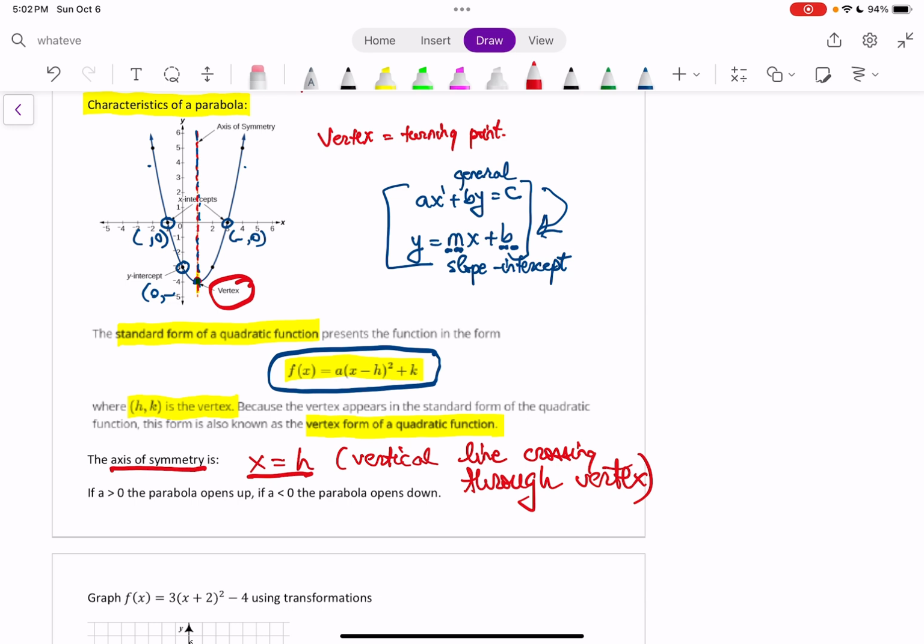That number is going to be h. Now, if this value a is positive, then the parabola will open up. And if this value a is negative, then the parabola opens down. So we actually have quite a bit of information. Not only that, we would also know how wide the parabola is based on this a value.